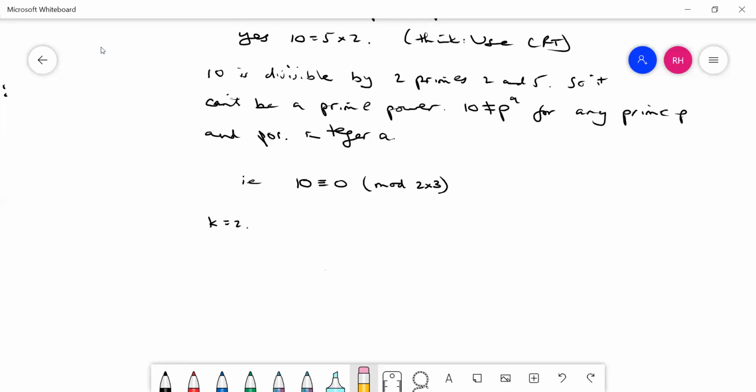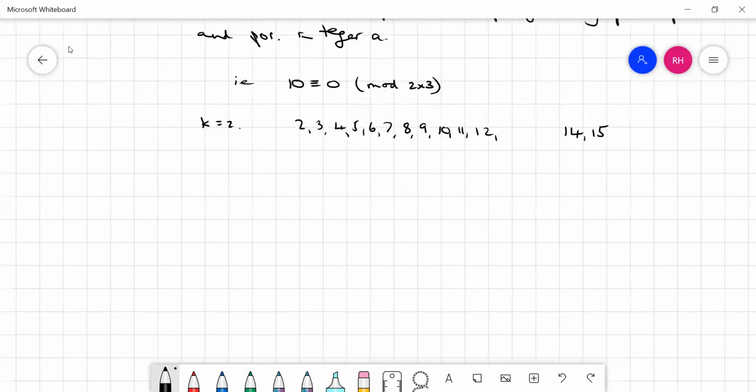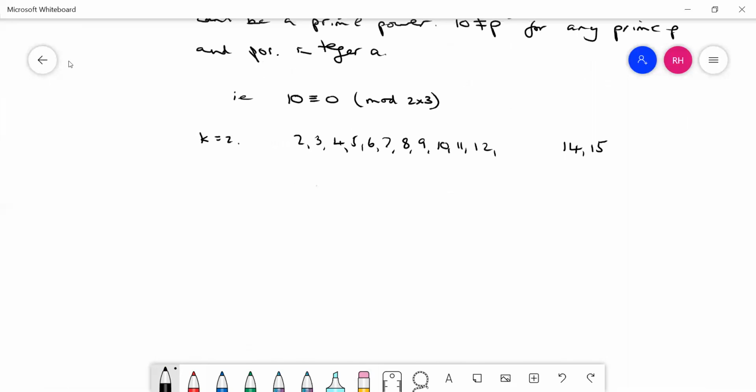So what have we got? 2, 3, they're primes, 4, 5, 6, 7, 8, 9, that's a prime power. 10 isn't, 11 is a prime, 12. Okay, how about 14 and 15? Beautiful, we've got there.